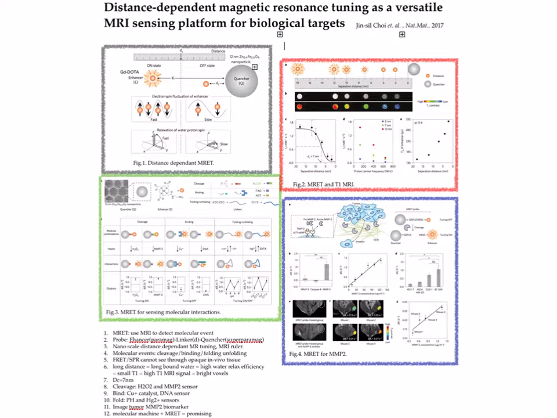Actually, it is linearly dependent on the MMP2 concentration. So from the MRI image, you can see the higher T1 image actually corresponds to the higher MMP2 concentration, and the relaxivity change is linearly dependent on the MMP2 concentration.